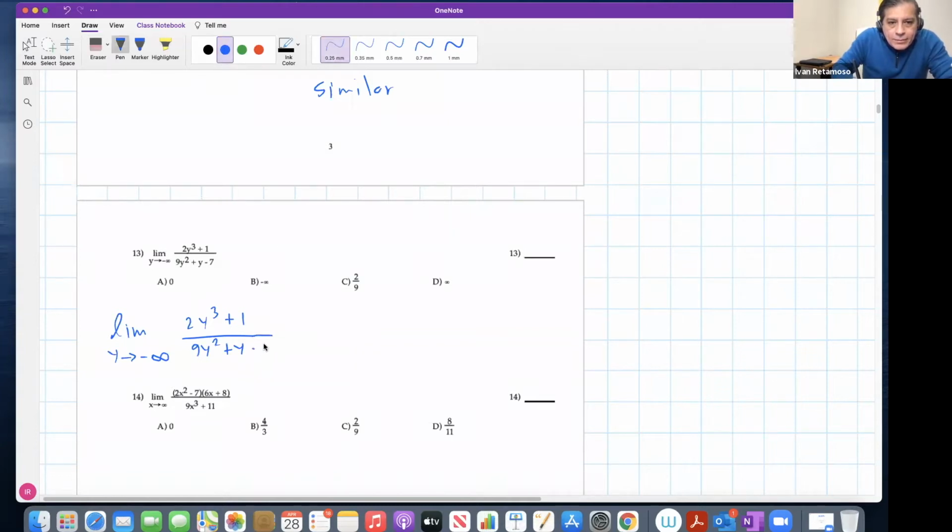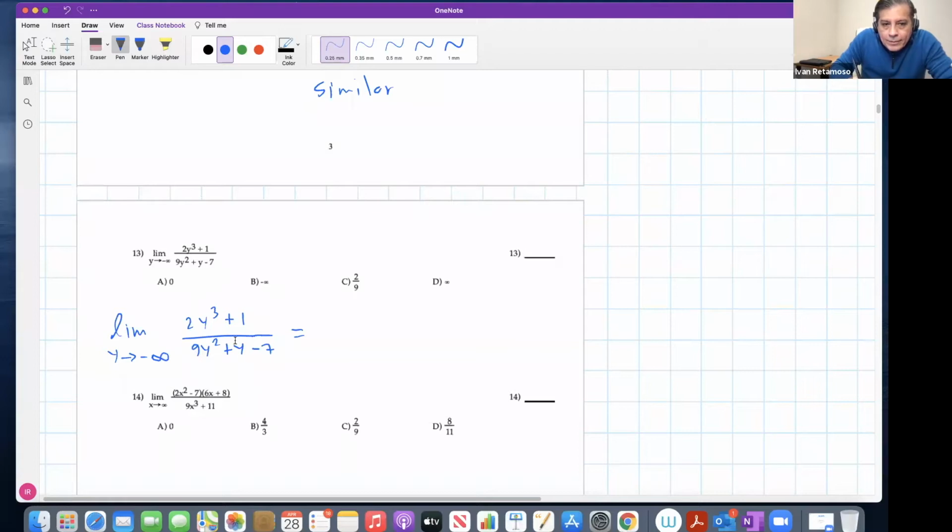Yeah, we have a method that tells us to identify the largest power in the denominator, divide numerator and denominator by that, and work this out. That's one method, but now we're trying to do this efficiently using L'Hopital's rule.